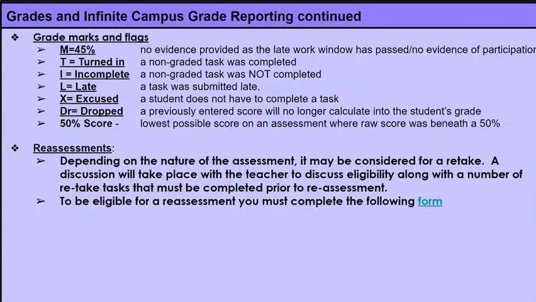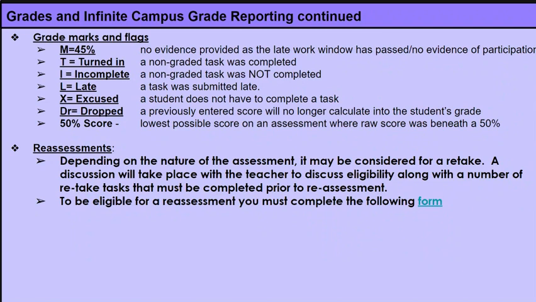And this means that no evidence was provided as the last work window has passed and no evidence of participation. When an assignment is due and a student has not returned that assignment, they will receive an M and a date a week after that due date will be written in Infinite Campus.